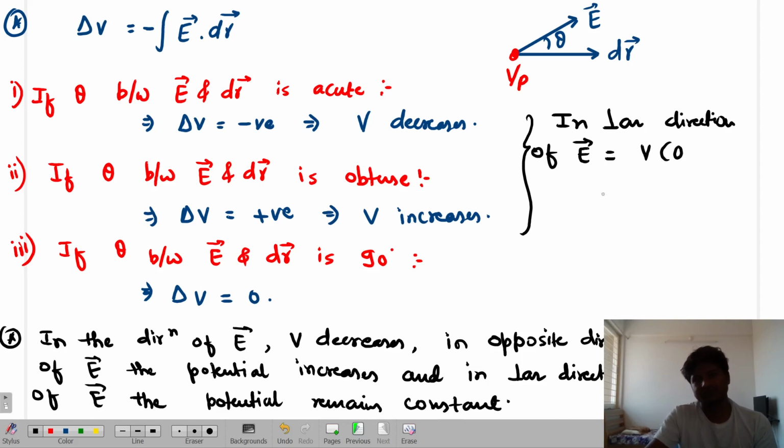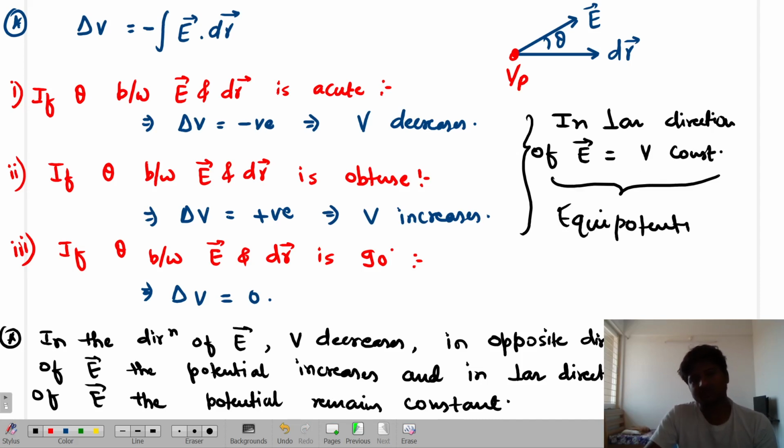So if V remains constant, this generates the concept of equipotential surfaces. Are you able to get me or not? Is that perfectly clear?